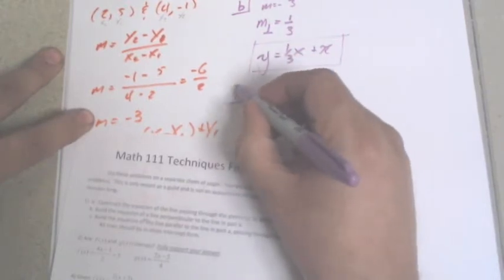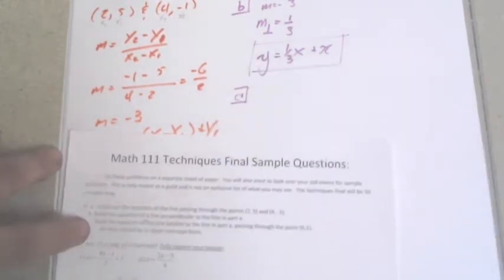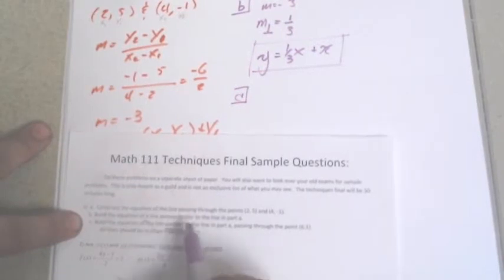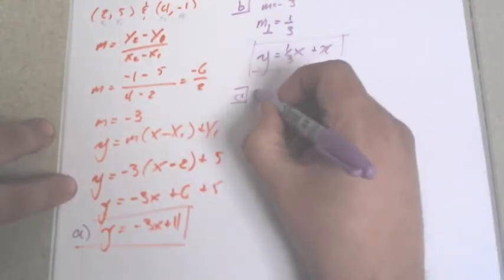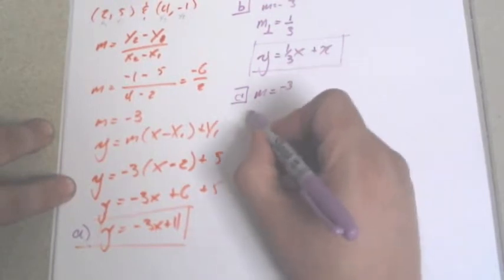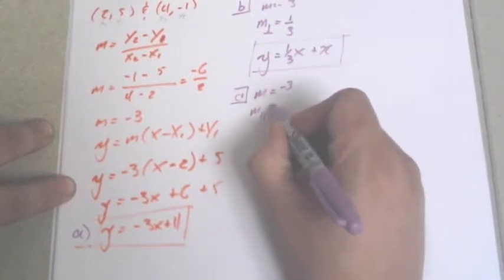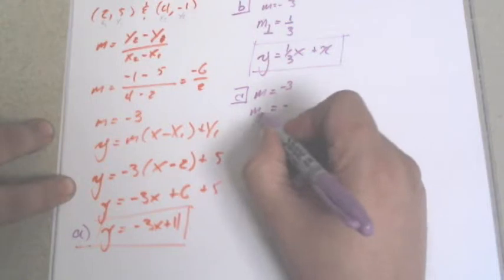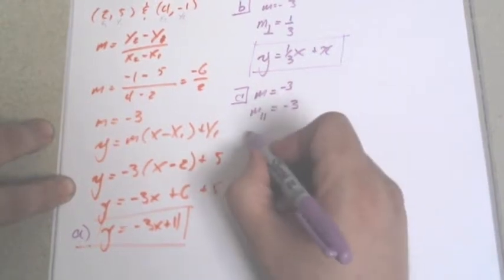Part C is a little more specific. We want to be parallel, which means it has the same slope as part A, and passing through the point (6, 1). So the slope of our original line in A was, again, -3. So the slope of our parallel line is going to still be -3.